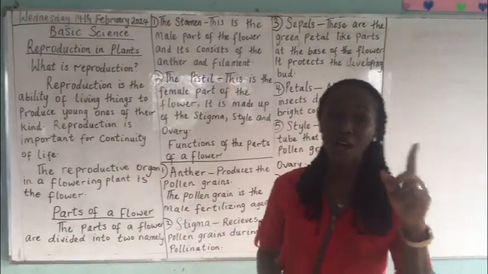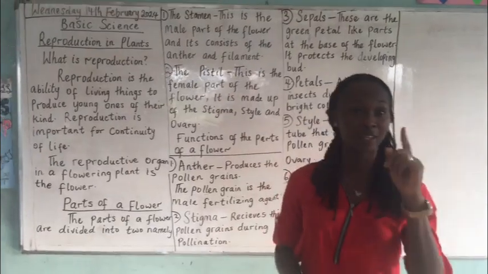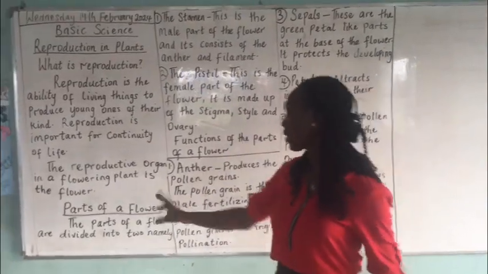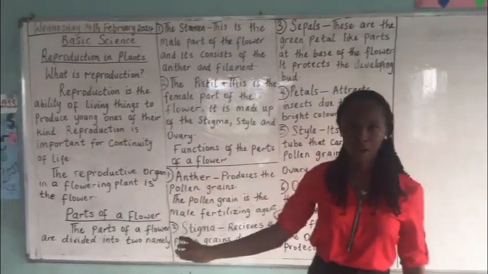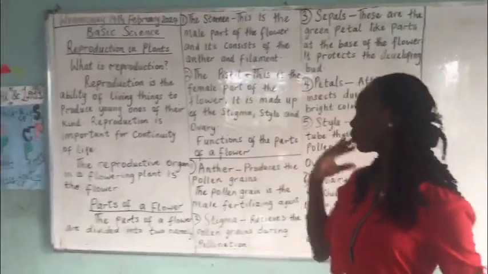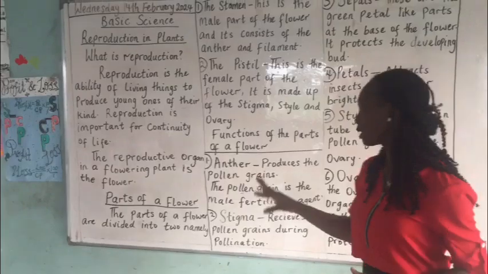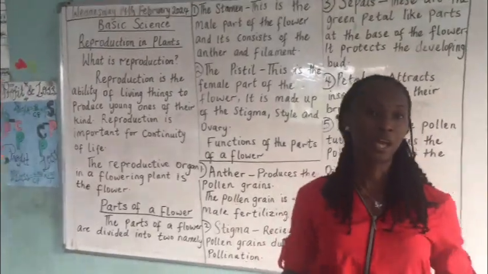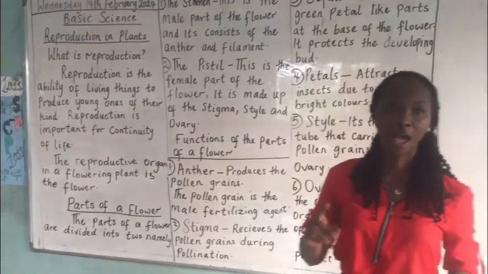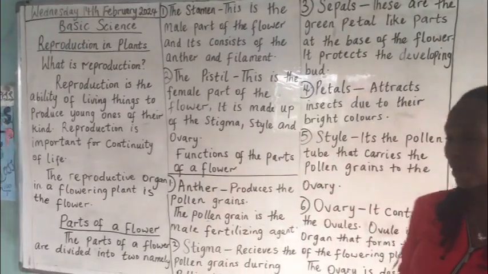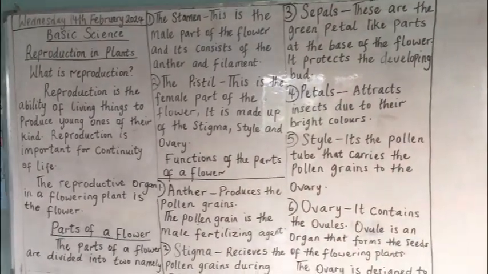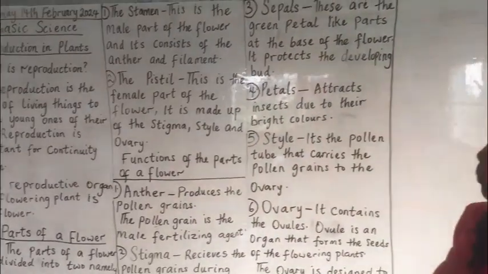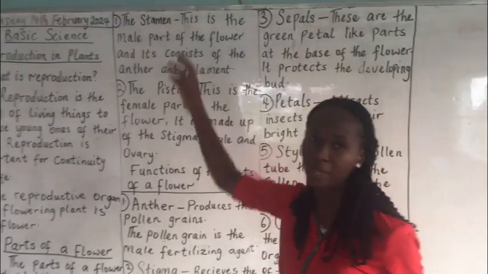Having known that, we'll move further to know the parts of a flower. We have two main parts in a flowering plant, the male parts and the female parts. The male part of a flowering plant is called the stamen.